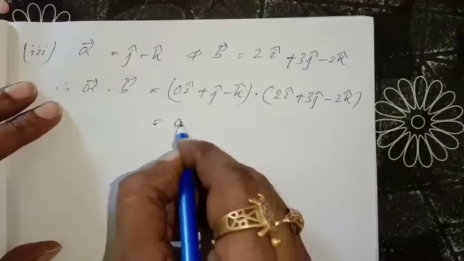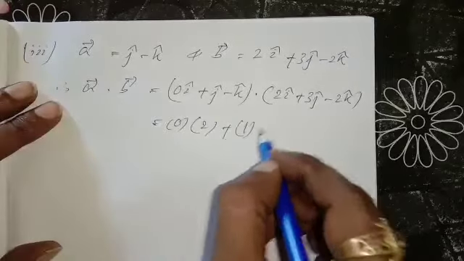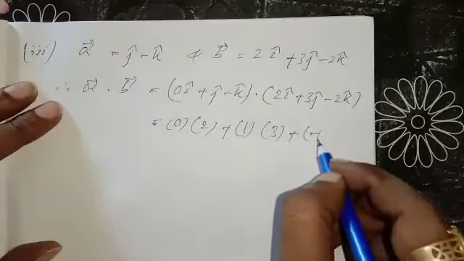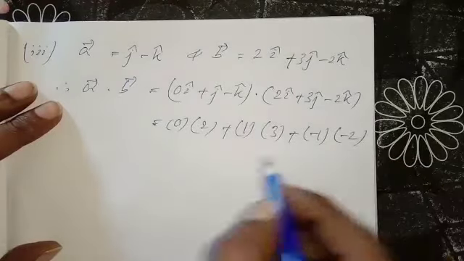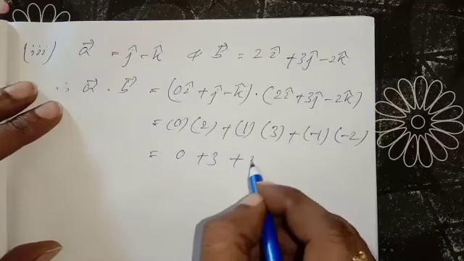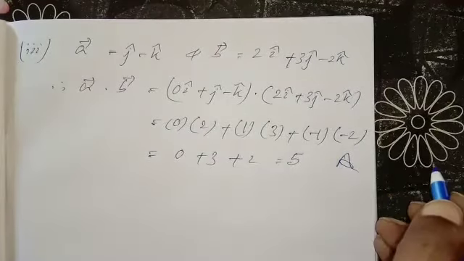Now you have to multiply: i coefficient 0 into 2, j coefficient 1 into 3, plus k coefficient minus 1 into minus 2. It is coming 0 plus 3 plus 2, which is 5. That is the answer. In this number, all three parts are completed.